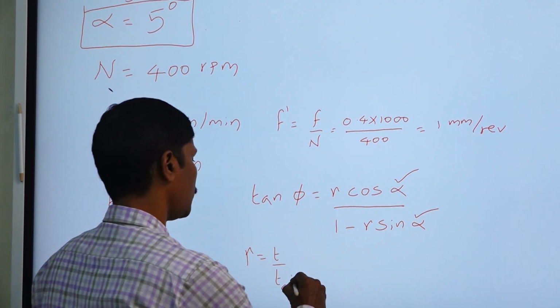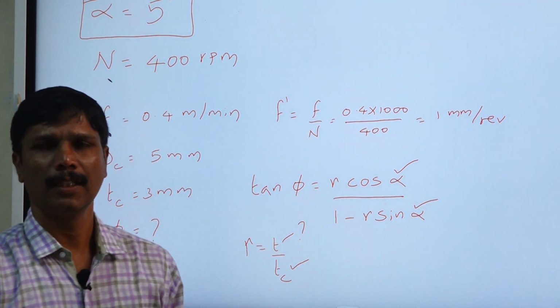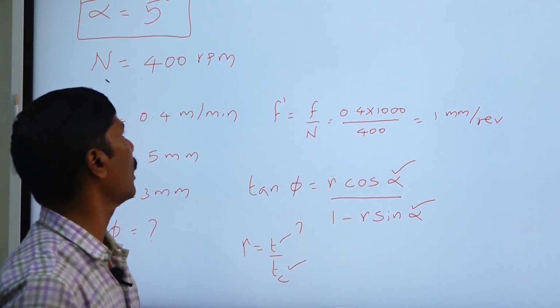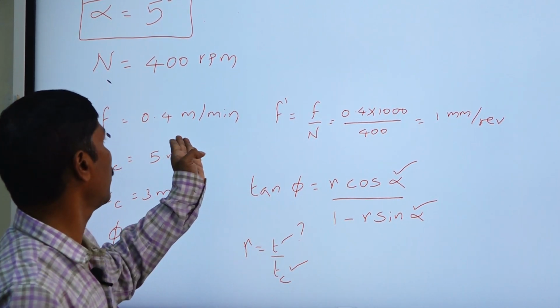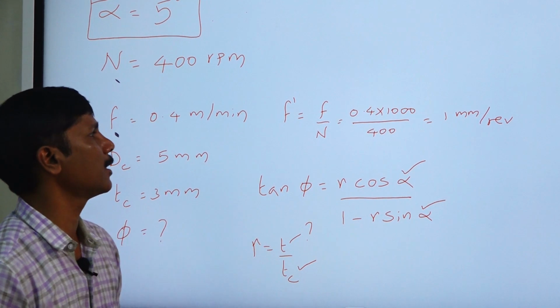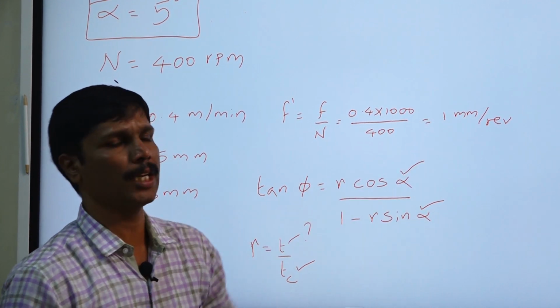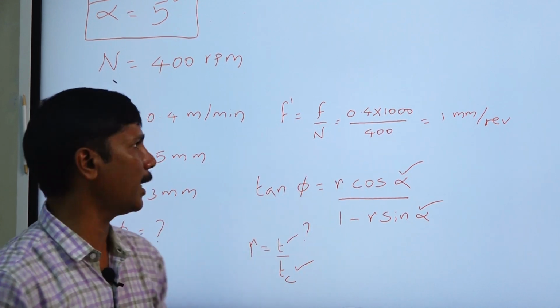Only one thing is unknown, that is the uncut chip thickness t. It is not given directly, but instead the feed is given, 0.4 meter per minute, and we want feed in millimeter per revolution. To convert meter to millimeter we multiply by 1000.